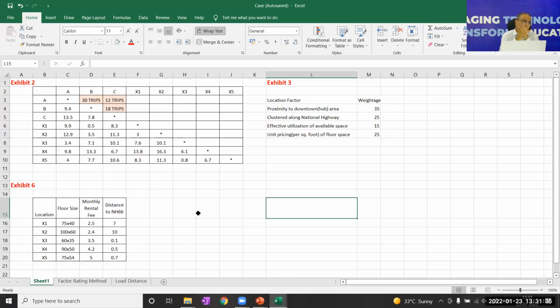So all that description is given. You can go through it once again. I'm just trying to bring out the issues, how the real life situation we can relate it with the models and the topics that we have discussed.